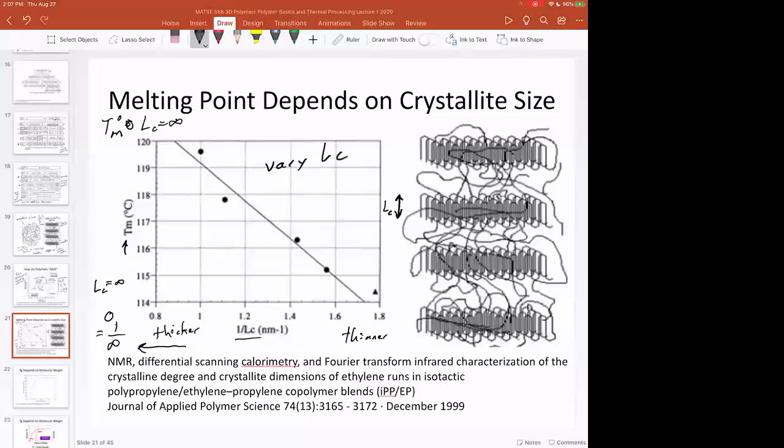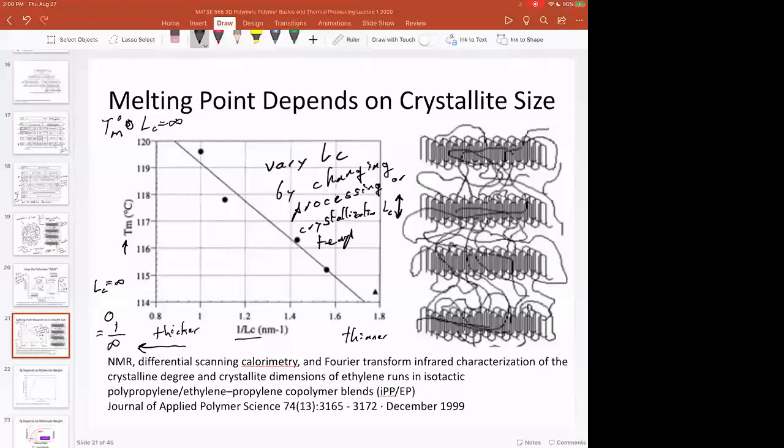LC by changing processing or crystallization temp. So we actually get, in a lot of polymer processes, to control the crystallization temperature. We're going to melt this polymer, so it's all amorphous.